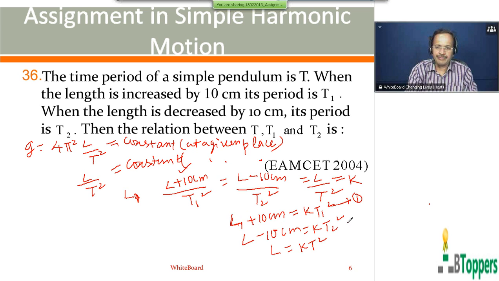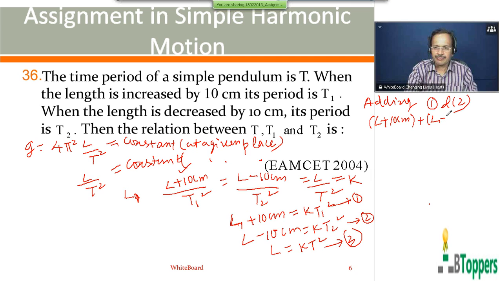If you add the first and second equations, L plus 10 centimeters plus L minus 10 centimeters is equal to k into t1 square plus k into t2 square. That is, 2L equal to k into t1 square plus t2 square.